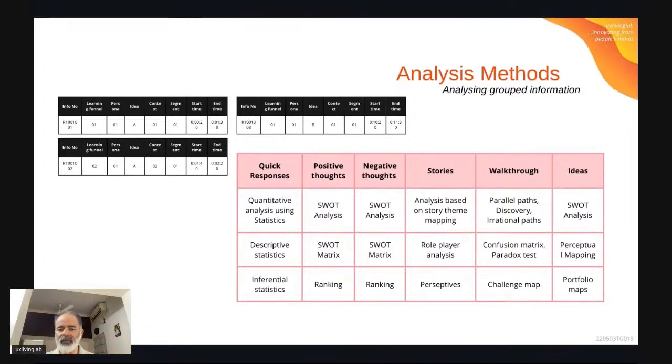So this is the method for analyzing the data. First you have the individual information, then grouped information coming into these six baskets, and this basket data is analyzed for findings and suggestions.